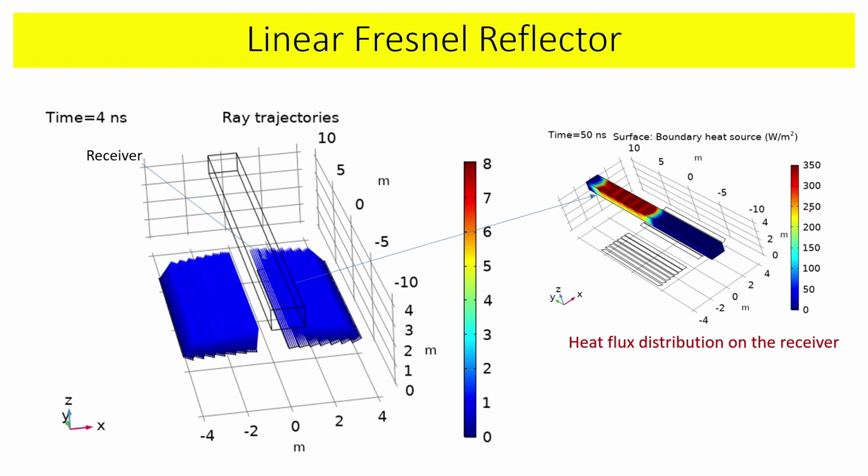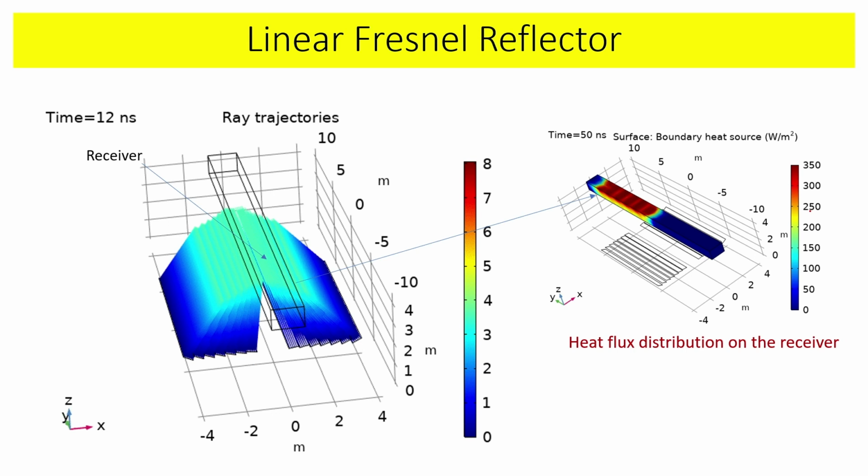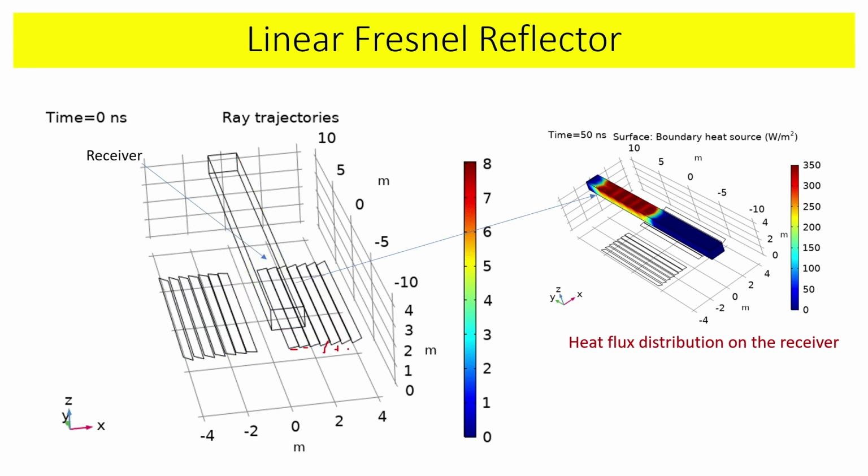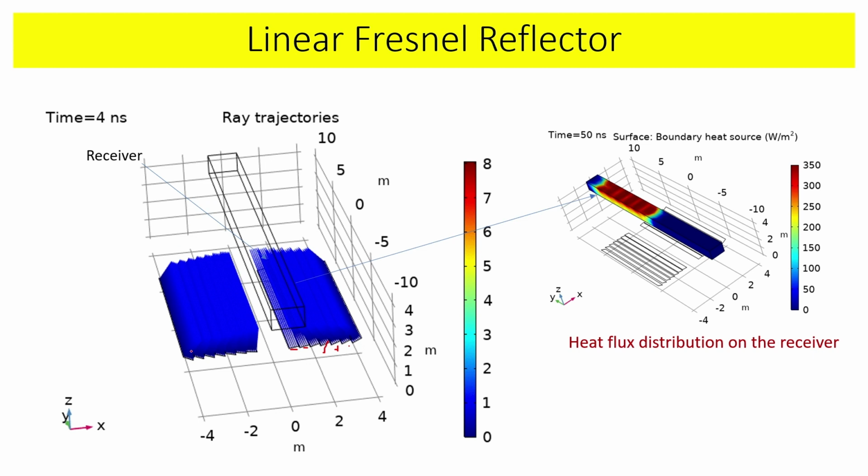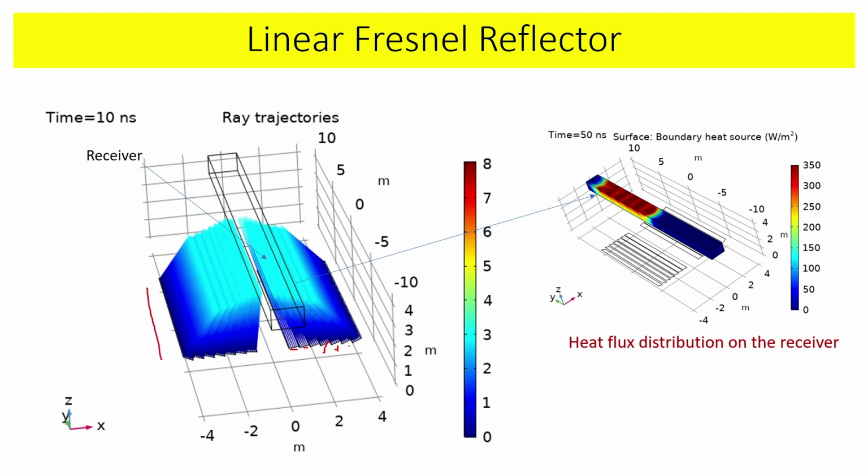Then the second line concentrating type. There it was a parabolic trough which was focusing all the solar radiation along a line. Here also we are focusing the solar radiation along a line, but here we have flat mirrors. These are flat mirrors. They are individually rotated, but they are rotated only in one axis direction.